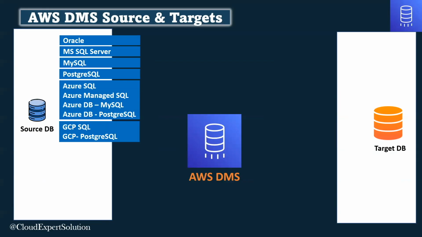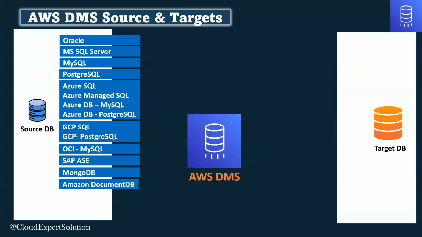Moving to GCP, it will support GCP SQL, GCP PostgreSQL, or the Cloud SQL database also as source. If your database is in Oracle Cloud, then yes, it will support Oracle Cloud also. If you want to migrate away from a SAP ASE database, DMS supports that as well. If your database is MongoDB, in an on-premise data center or Mongo Cloud, that will be supported.